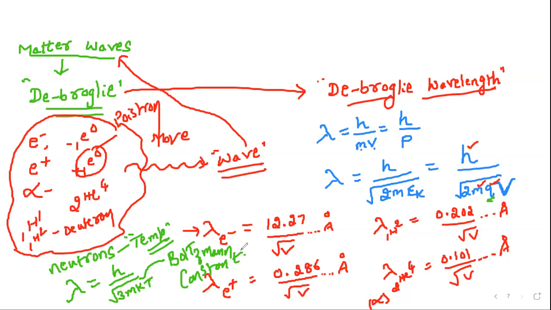And actually, here the electron is not treated as a particle. In the case of matter waves, we are considering the electron as a wave.